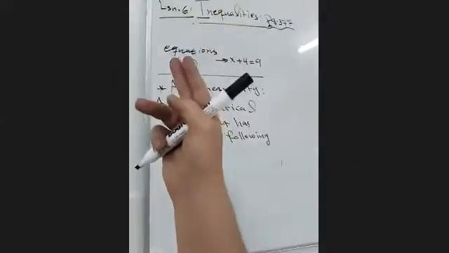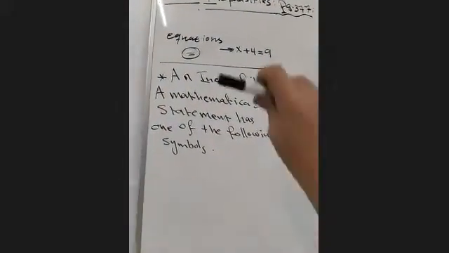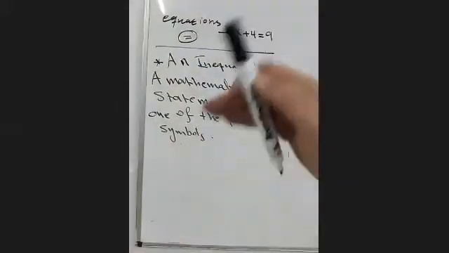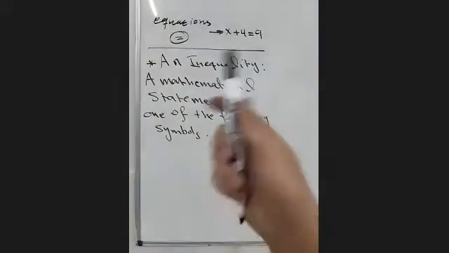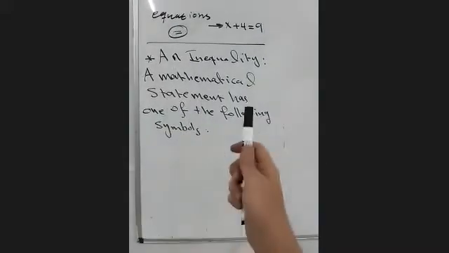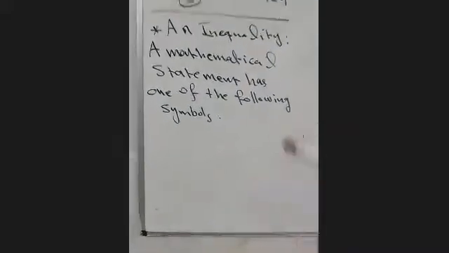Again, the equation has an equal sign, like what we did before. From now, we will take inequality. What's the inequality? It is a mathematical statement that has one of the following symbols.